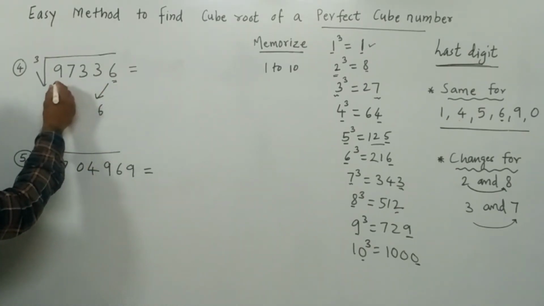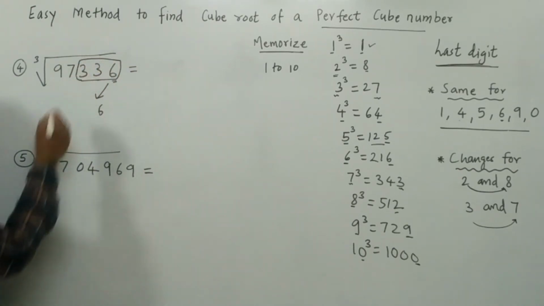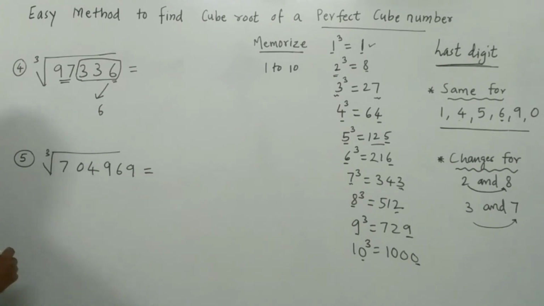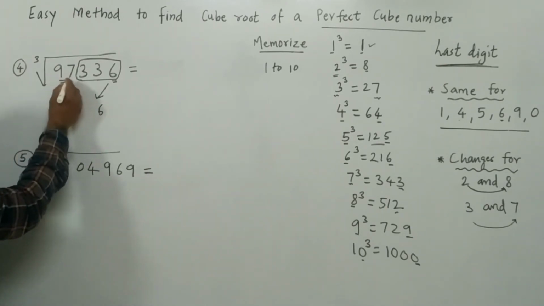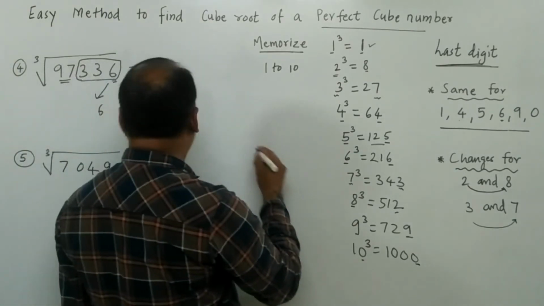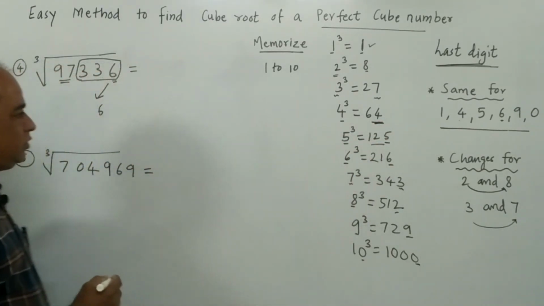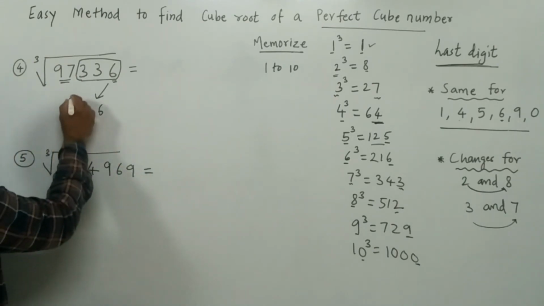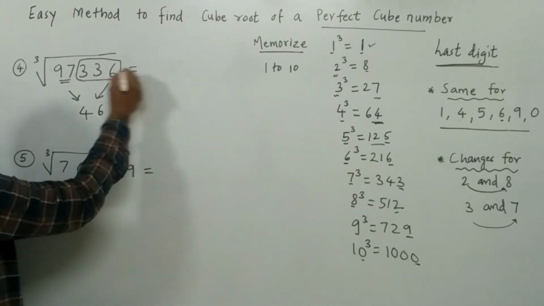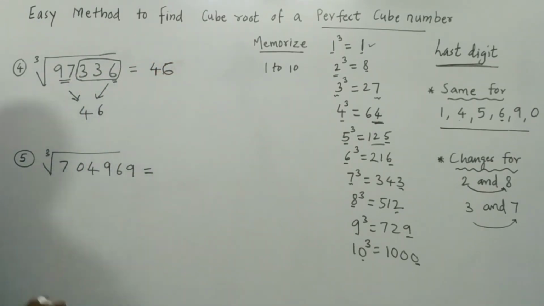Now ignore the last 3 digits of this perfect cube number. The remaining number is 97. The nearest cube which is less than 97 is 64. 64 is the cube of 4. So the number at the tens place will be 4. So the cube root of 97336 is 46.